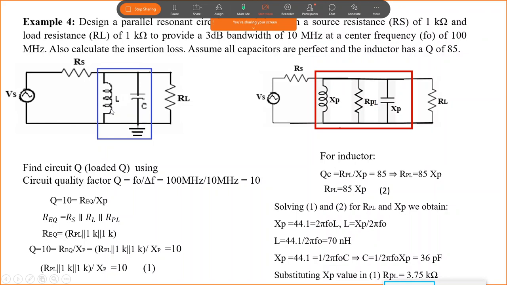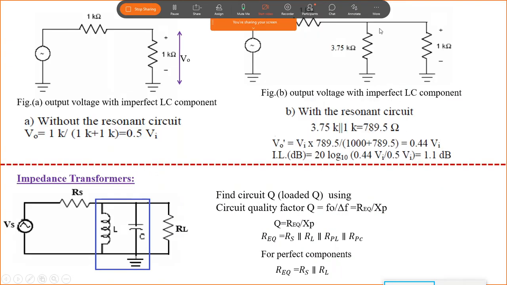In these two problems, I considered only the inductor as imperfect, while the capacitor was perfect. But in the examination both may be imperfect, and the capacitor may also have a resistance. In such a case you should consider the capacitor resistance and take it in parallel to calculate the output voltage V naught.